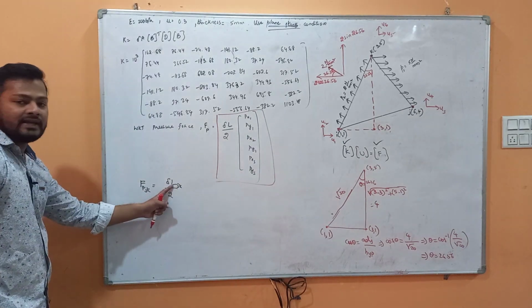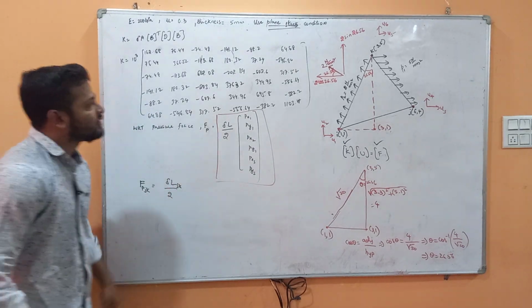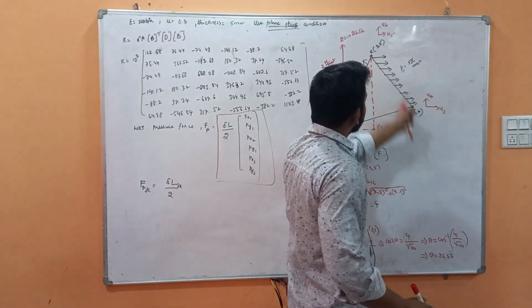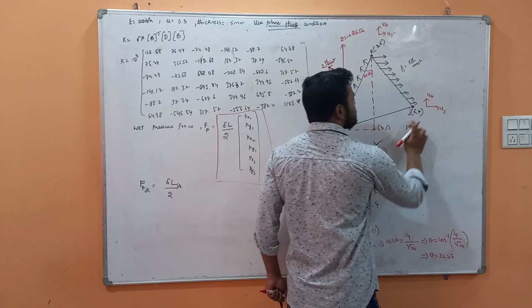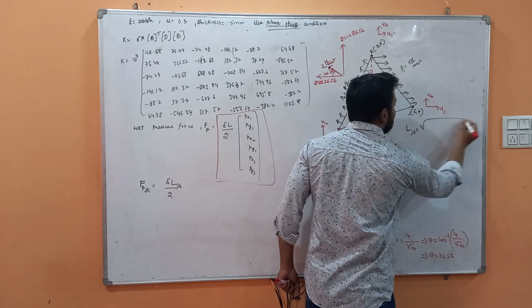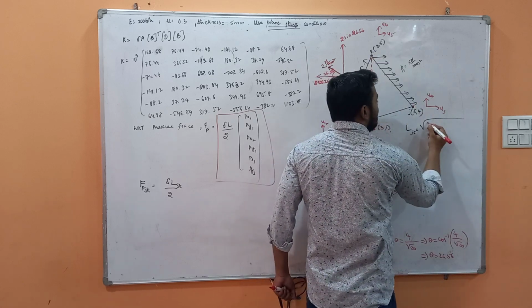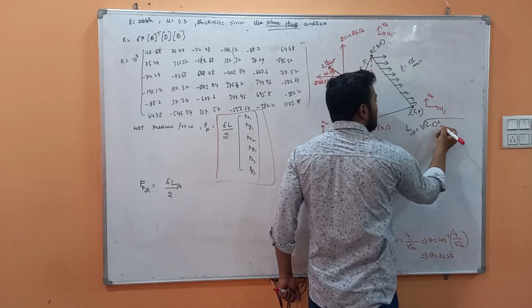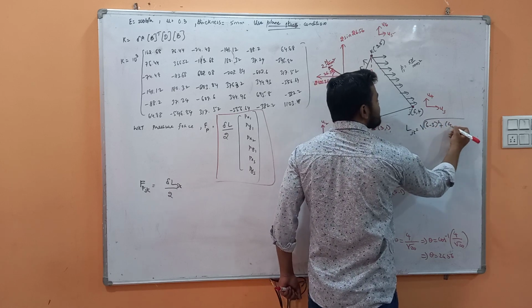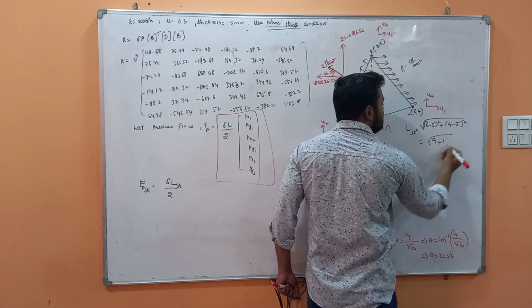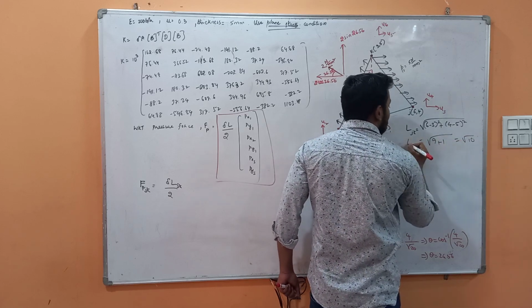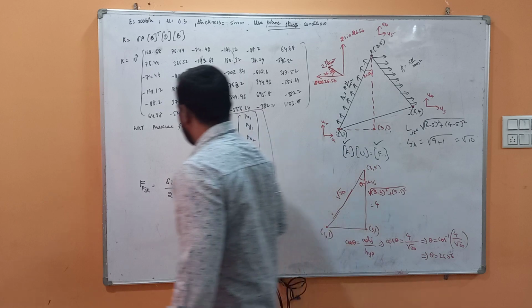What is the length of this line? The length of Jk is the square root of (6 minus 3) whole squared plus (4 minus 5) whole squared. So this is the square root of 9 plus 1, which is root 10. So the length of Jk is root 10.